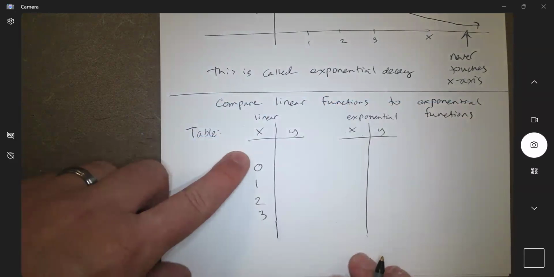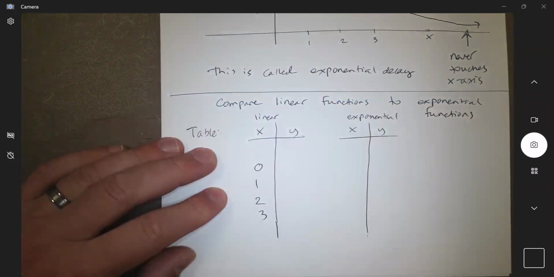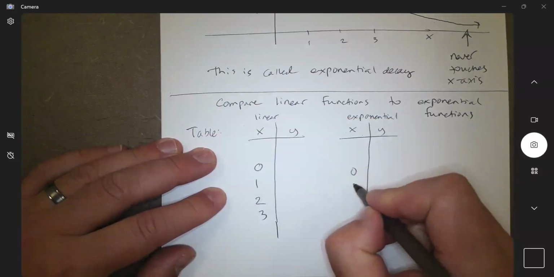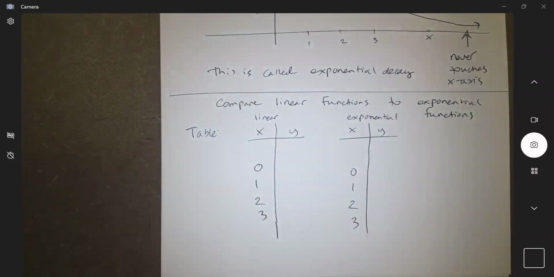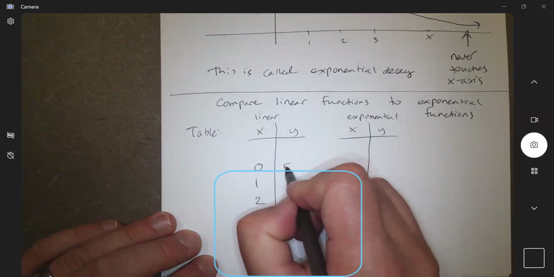Give yourself a little bit of space above your 0 on each of those, enough to write 2 other numbers. All right, let's pick when x is 0, let's make y equal to 5.